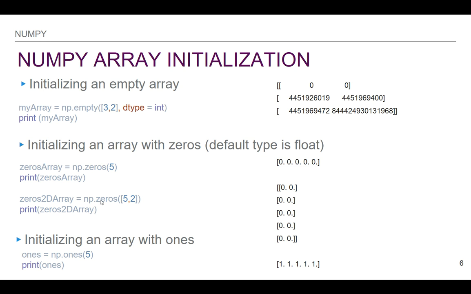If you'd like to create an array and initialize it with zeros or initialize it with ones, they already have an operation for this purpose. Zeros would fill the array with 0 values, and ones would fill the array with the value of ones. And remember that the default data type is floating point, so that's why we see this floating point after the number.